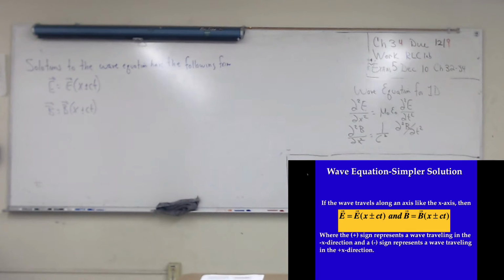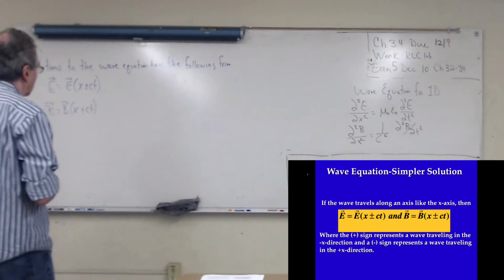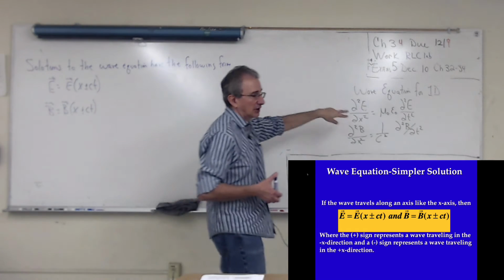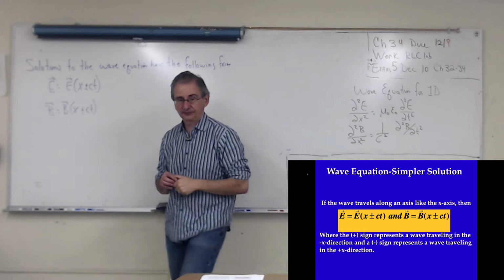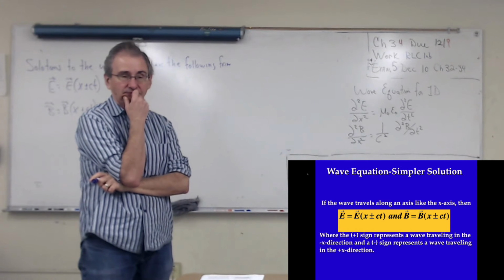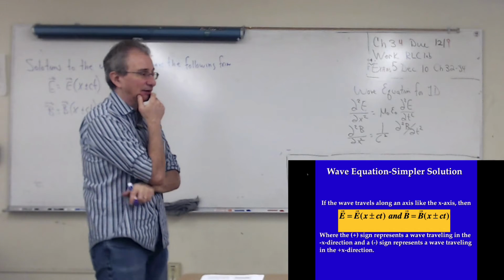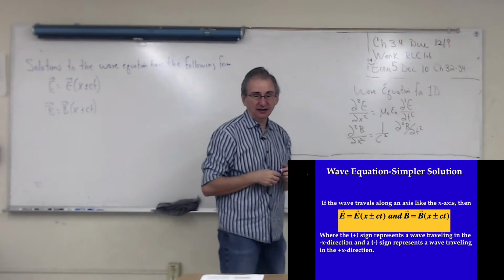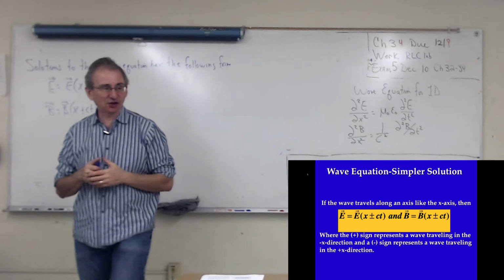Okay. How can I prove that this solves this equation? How can I prove that? Plug it in. Yeah, just plug it in, right, and use the chain rule and show that the left-hand side equals the right-hand side. That's the only thing, at this level, that we can do.